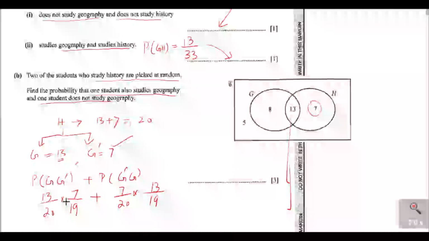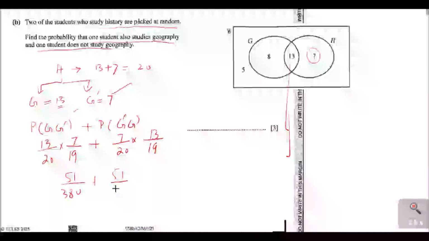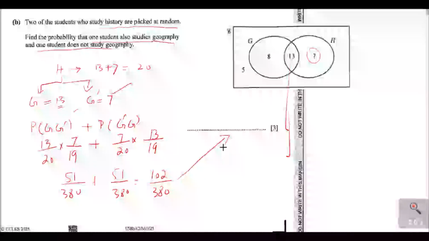Now this value becomes 51 over 380 plus 51 over 380, and this will be equal to 102 over 380, and this is the probability of this part B.